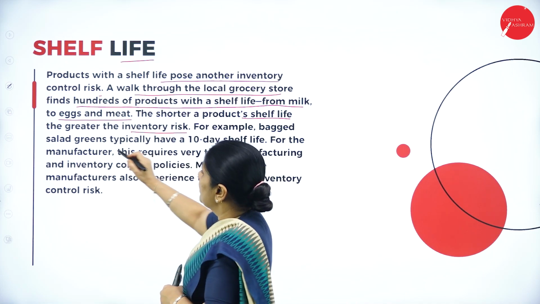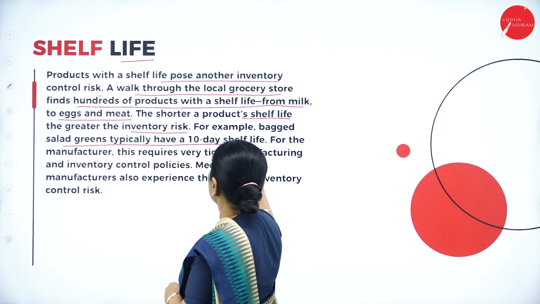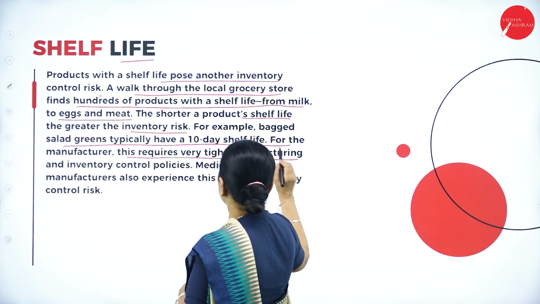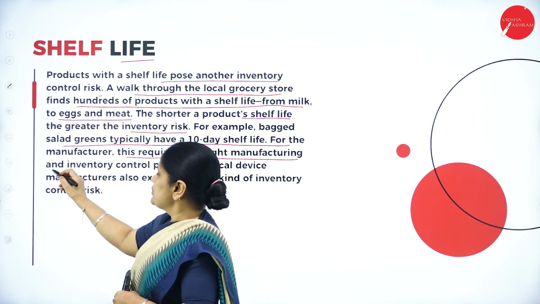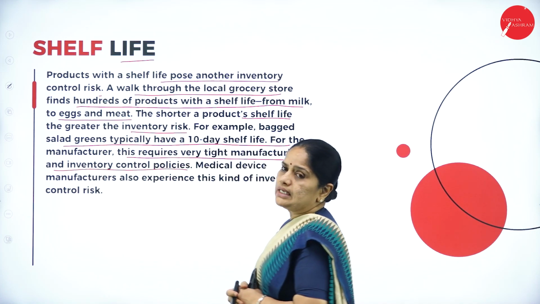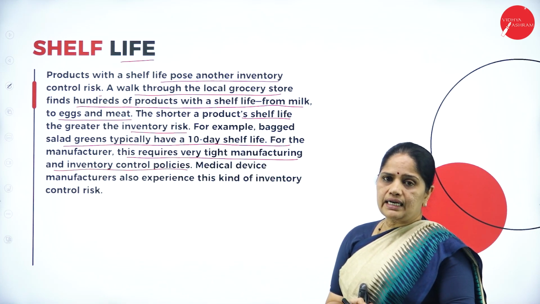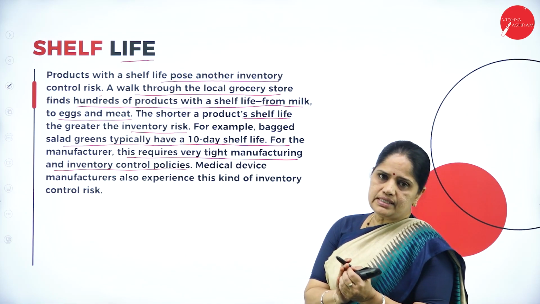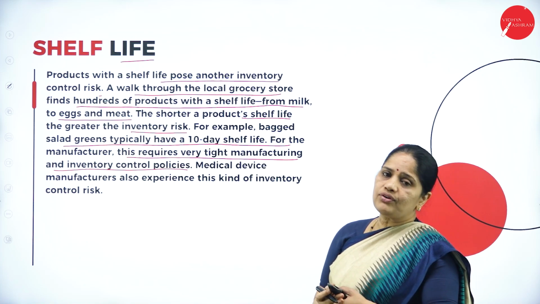For example, bagged salad greens typically have a 10-day shelf life. For the manufacturer, this requires very tight manufacturing and inventory control policy. So, if you have the salad greens and if you have wrapped it in a bag and kept it in the freezer, it will have a shelf life of 10 days.